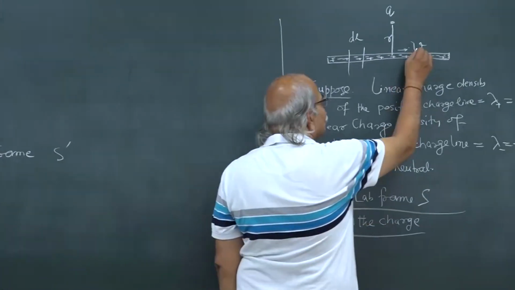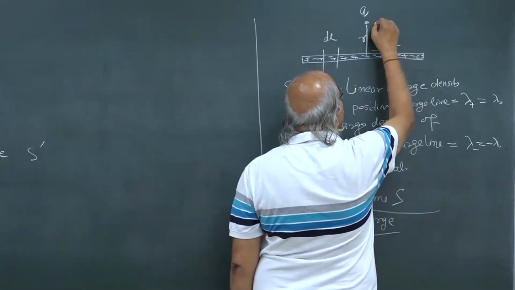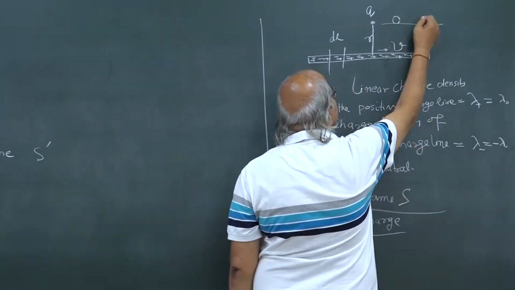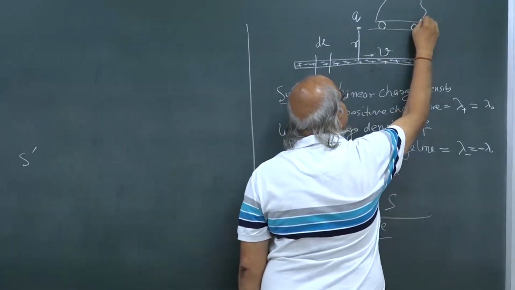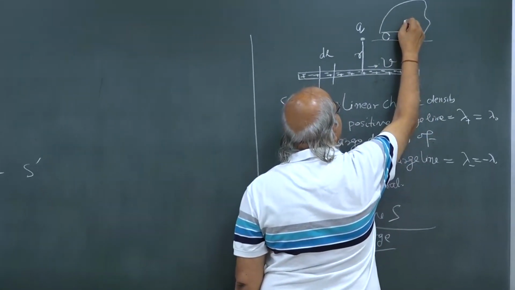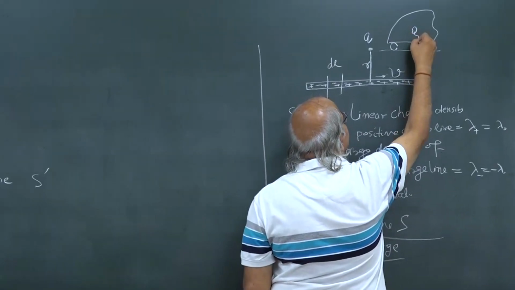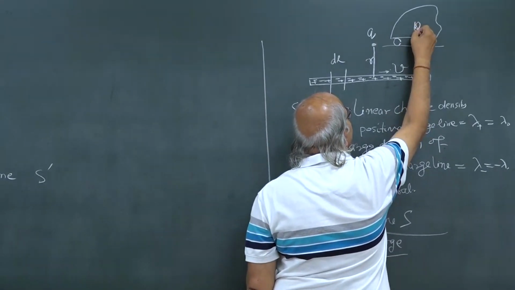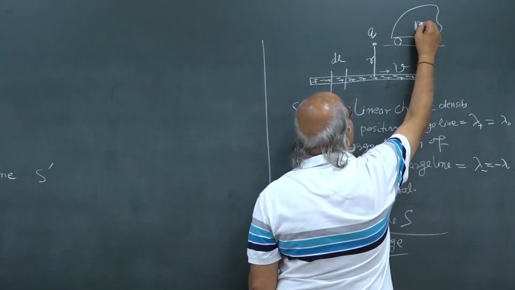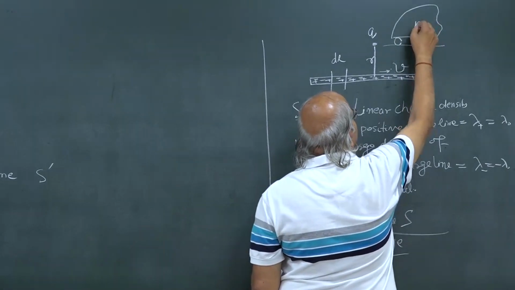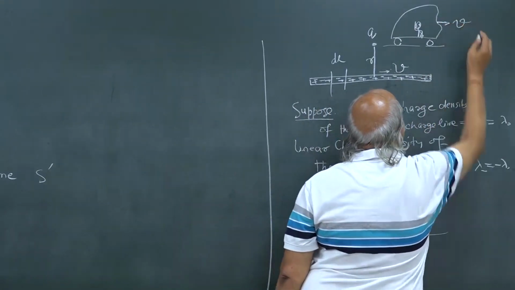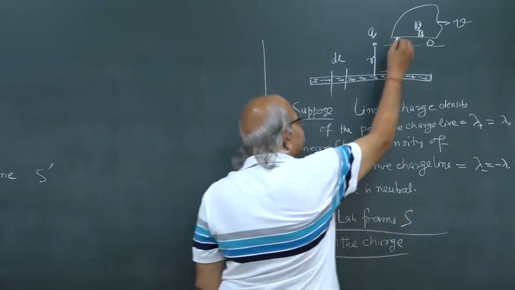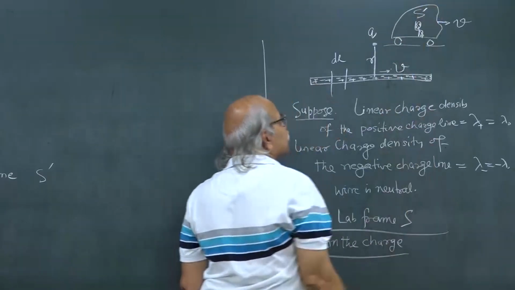Suppose in the lab you have some kind of a trolley, and someone is sitting here, looking at the whole situation, and this trolley is going with a velocity v. This is our S prime frame.